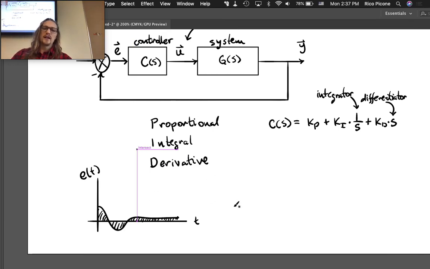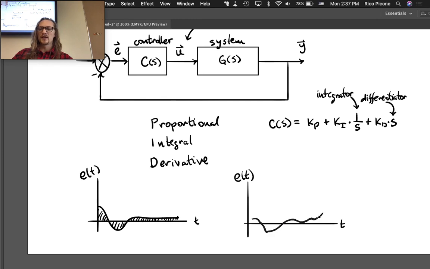So say you had the error signal again, and this time the error is going along like this maybe, and then it suddenly just shoots up. Maybe there was some big disturbance, like Hal tipped over a refrigerator into the robot or something. So it just shot up. The error is significant.